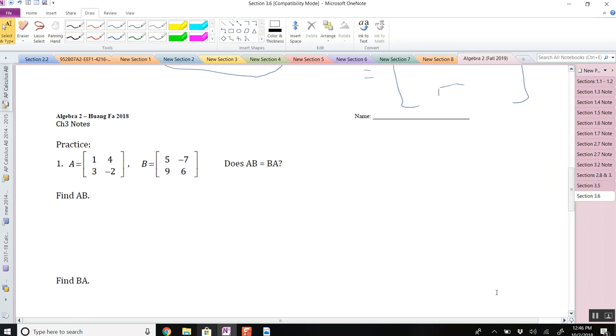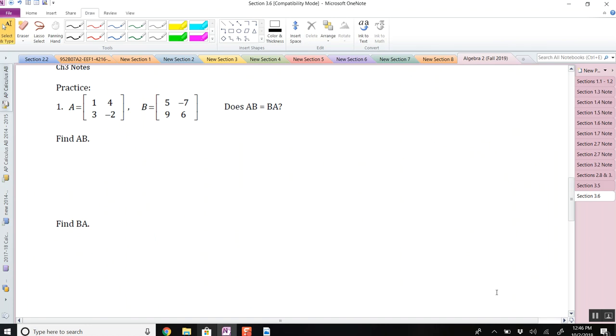So here's some more. We're going to do A times B and B times A. Now both these are 2 by 2 matrices, so that's great. 1, 4, 3, -2, 5, -7, 9, 6. So we have a dimension matchup. And so the final result will also be a 2 by 2.